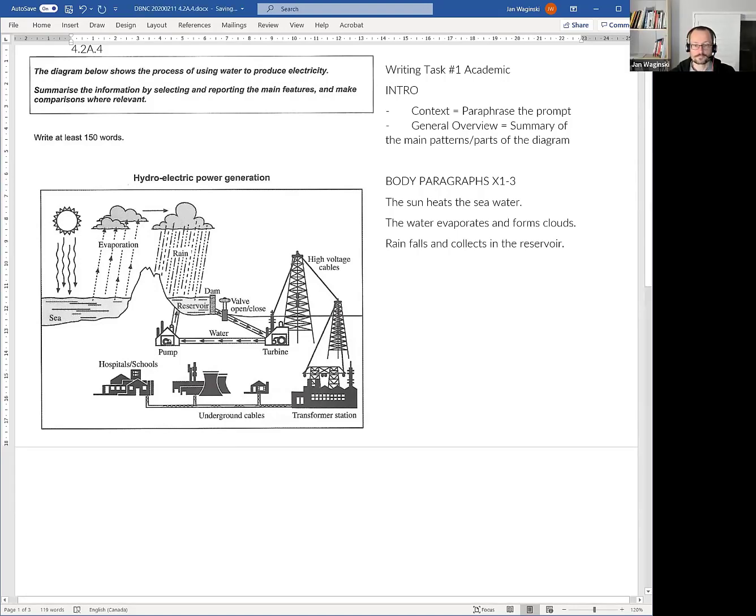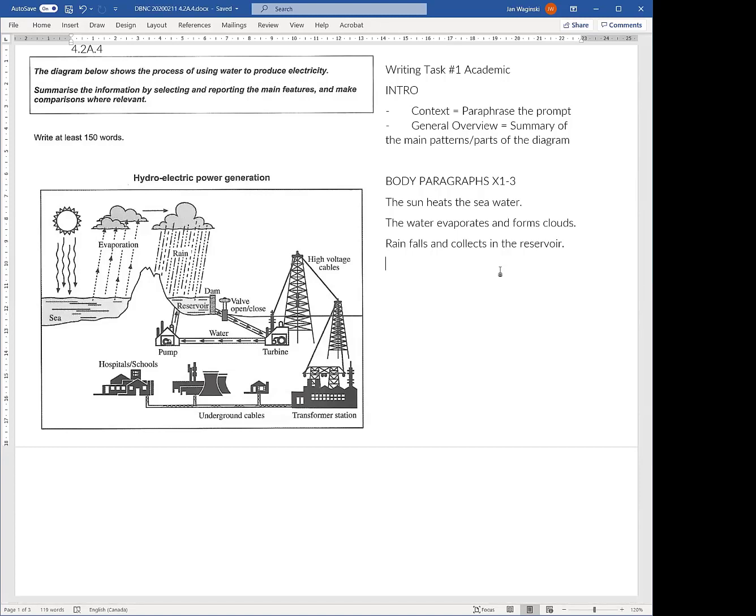Oksana. The reservoir water fixing by dam and valve. What did you say? The reservoir water fixing? I have to find another word. Not fixing.